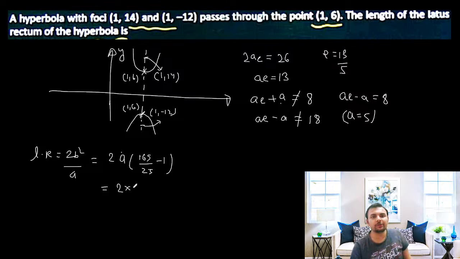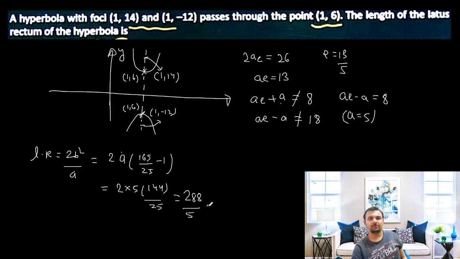So 2 into 5, 144 by 25. It is 288 by 5, which is 57.6. Let's see the answer.